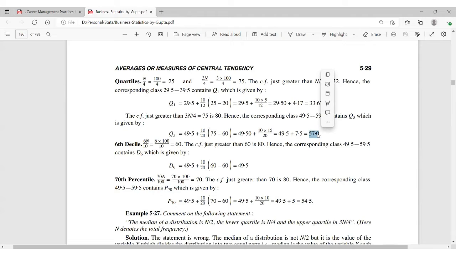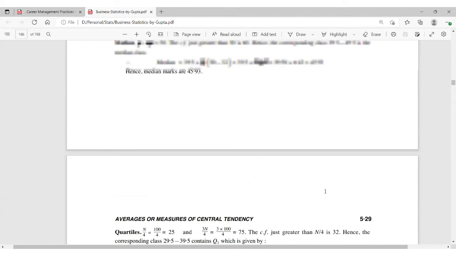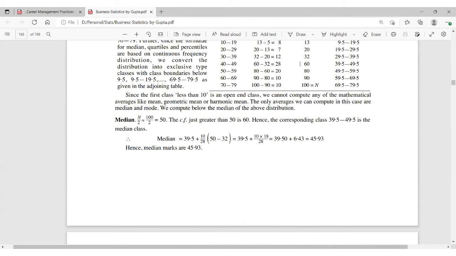Now comes to decile. Sixth decile. For the sixth decile, we have to find 6n by 10. 6n by 10 comes to be 60. The number which is just greater than or equal to 60, this comes to this. 60 ही रहना पूरा.